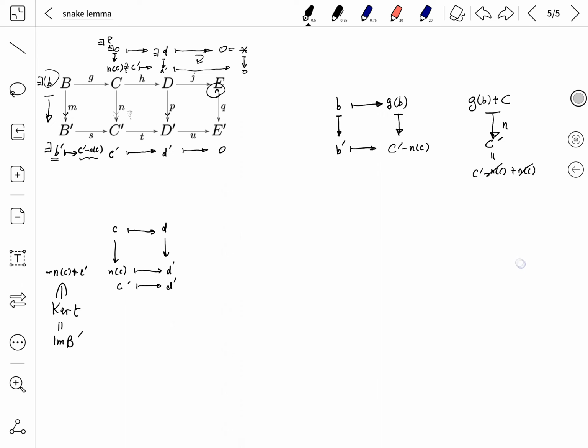Cancel, and you get C prime. But this one, surely it is in C, because our C is in C and the JB is in C. So we find a pre-image of C prime. This is just JB plus C. And so we prove that it's surjective.